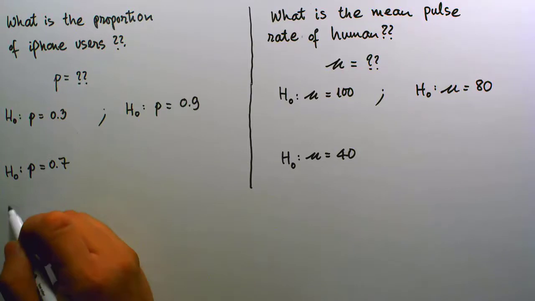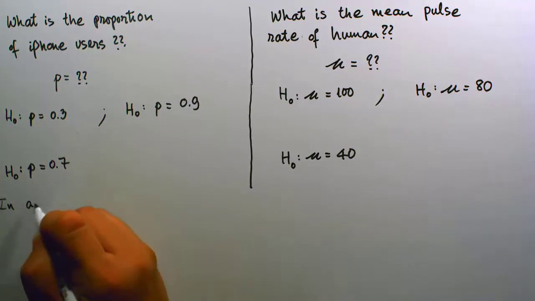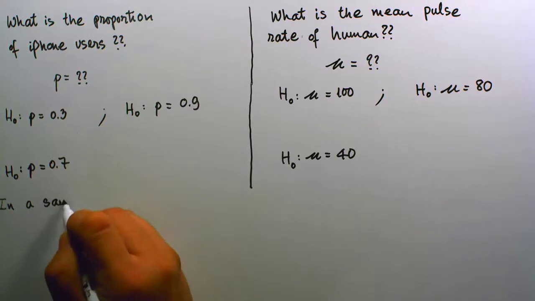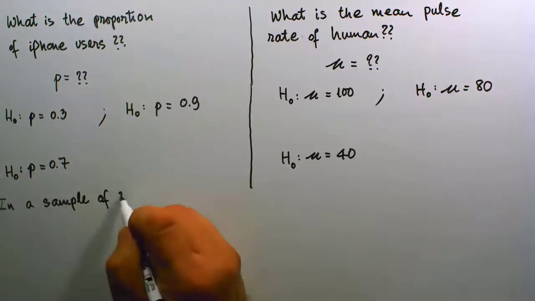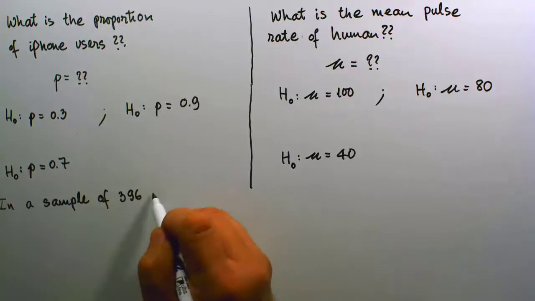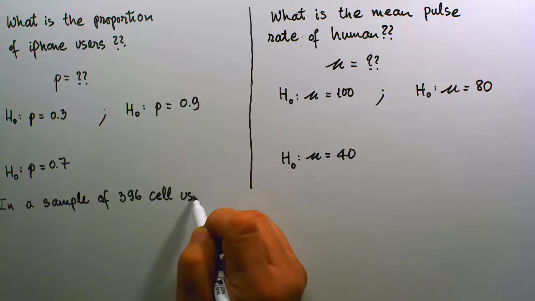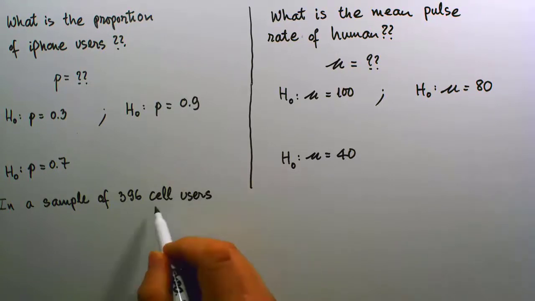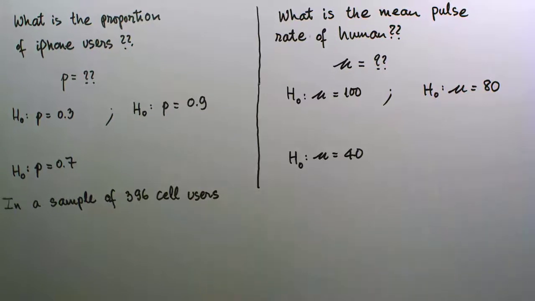The reality here says, in a sample of 396 cell phone users. Of course, iPhone users are among all cell phone users out there, because there are Nokia users, there are Samsung users.